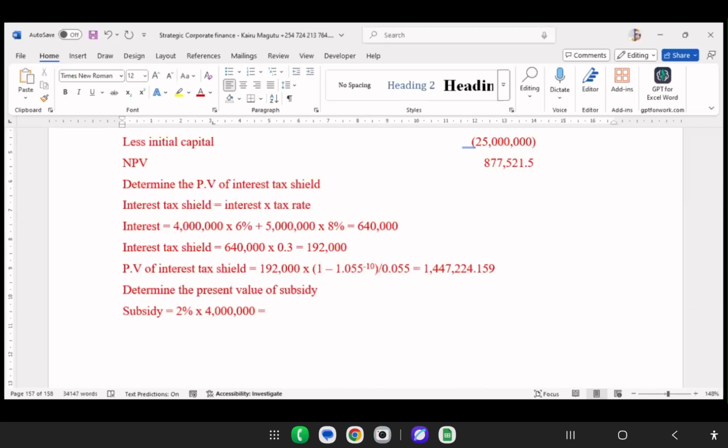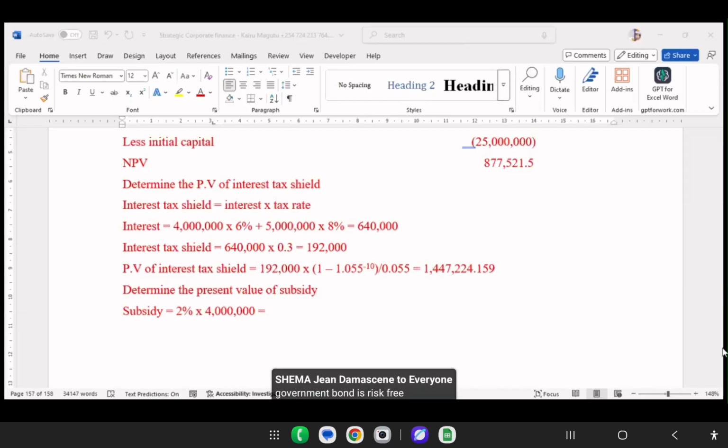How much is the present value of the subsidy? Someone is asking about the 5.5%, and I can see there are people who have responded.